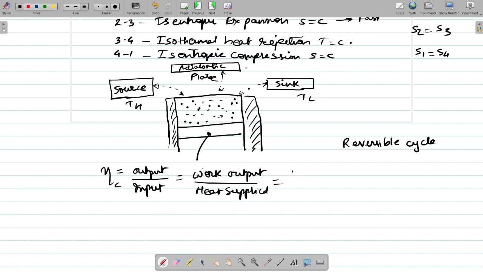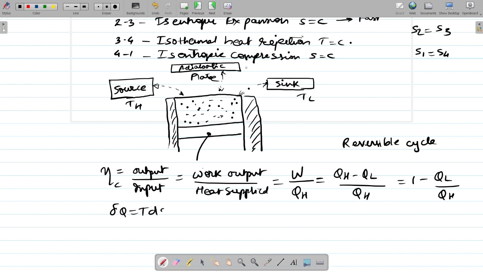So work output W upon heat supplied QH, or equal to heat supplied from the higher temperature source, can be written as QH minus QL upon QH, or 1 minus QL upon QH. Now also we have one relation that dQ is equal to TdS.